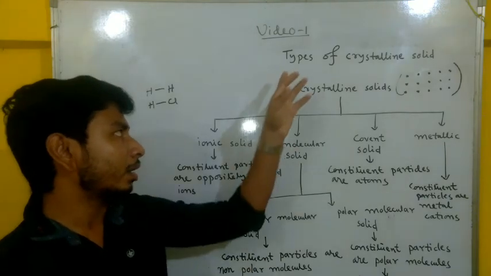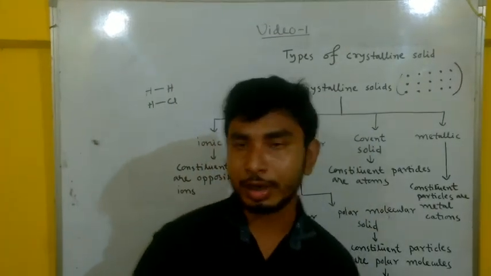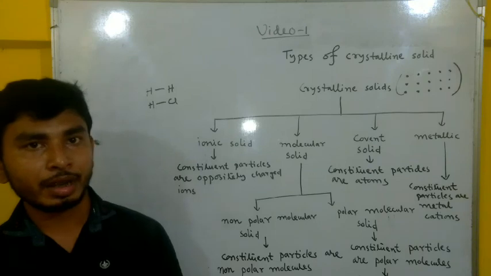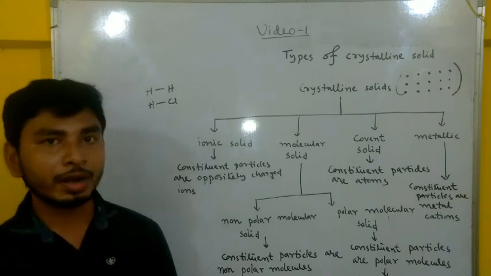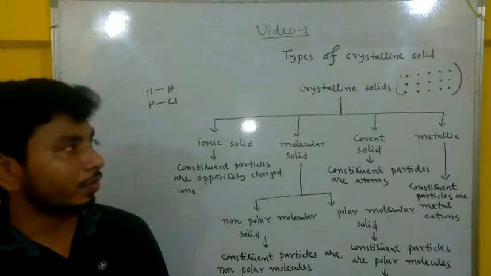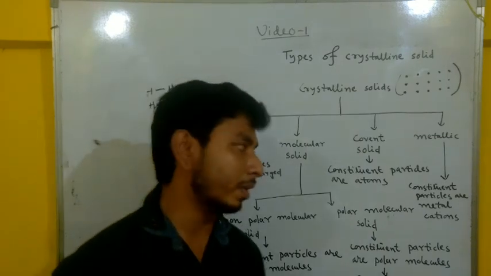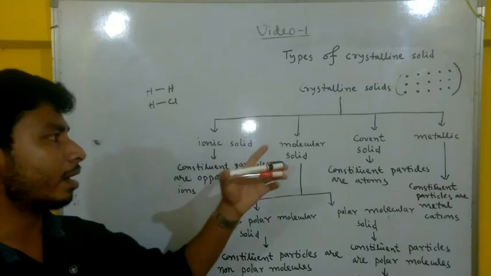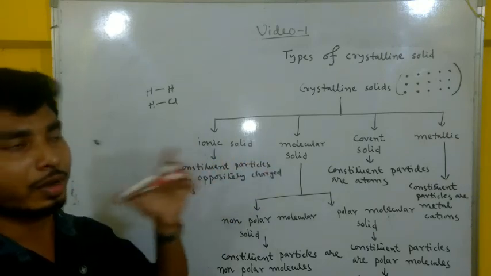Next, the types of crystalline solid. Crystalline solids are of different types, and the different types are based on the nature of the particles and the interparticle force of attraction. So these are the different types of crystalline solids.